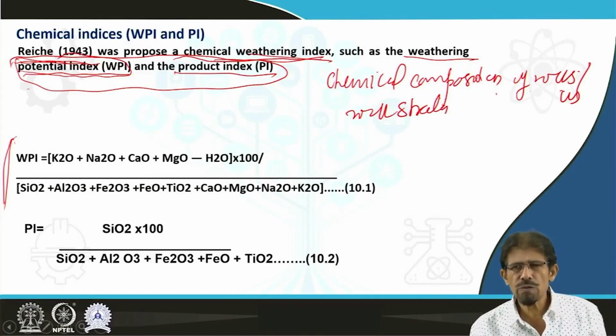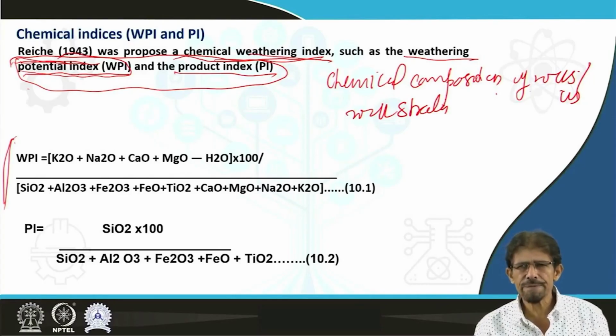As you know, a rock is comprised of different minerals having different chemical compositions such as Ca, Na, Mg and many more.